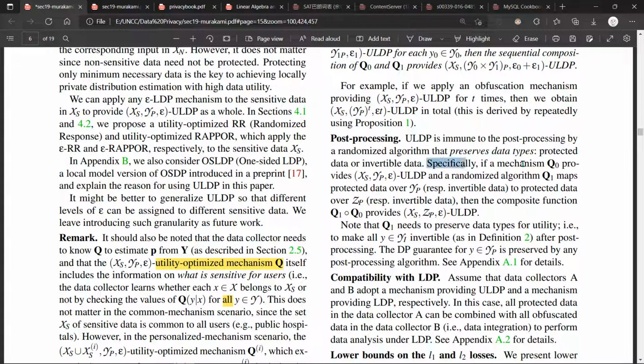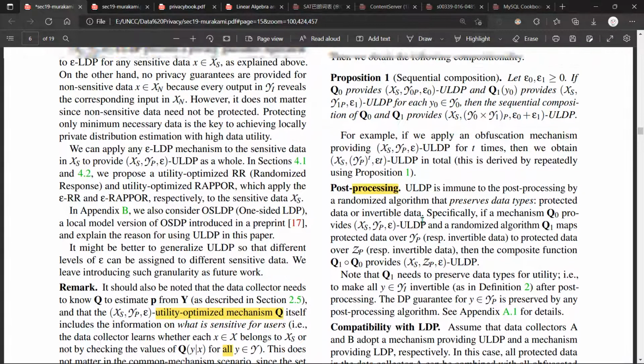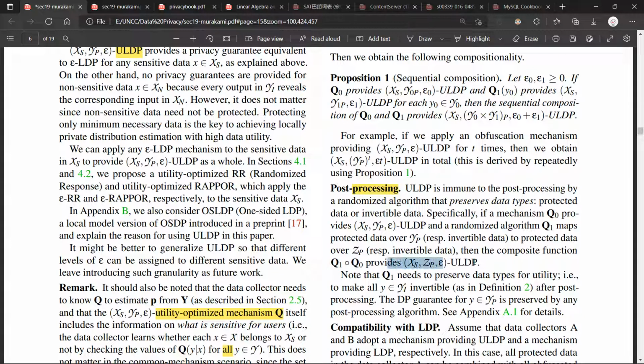So, yeah, specifically, if a mechanism Q0 provides this ULDP, okay, and randomized algorithm Q1 maps protected data over YP to protected data over ZP, respectively invertible data, then the composite function, these two functions together, will provide this ULDP, which is what we want.